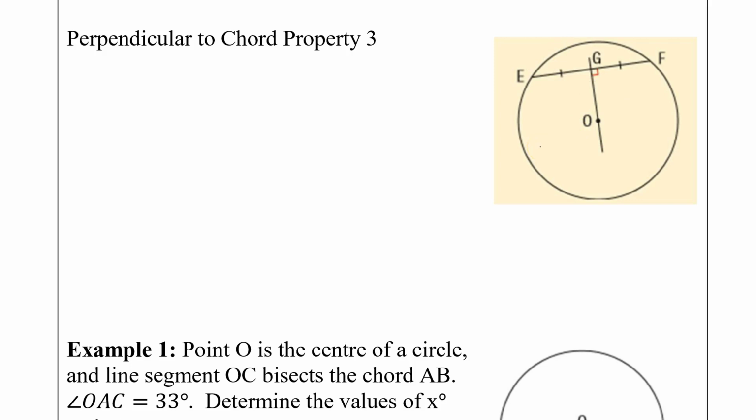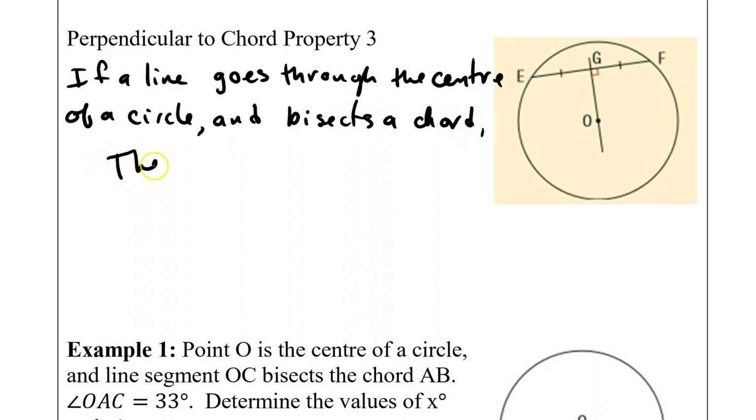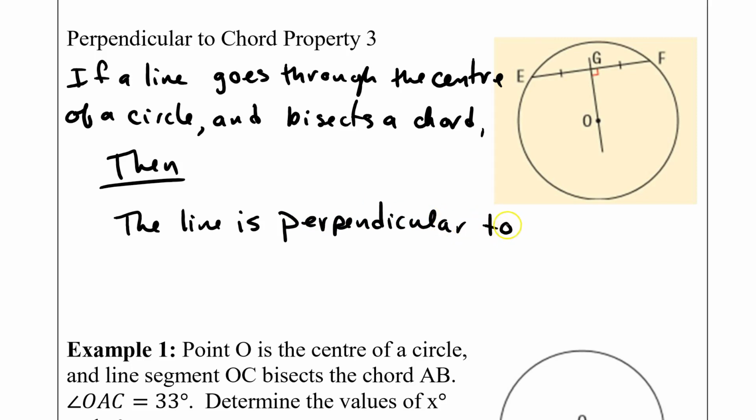So the way that we can write this one down is: if a line goes through the center of a circle and bisects a chord, then the line is perpendicular to that chord. I'll write it out this time.